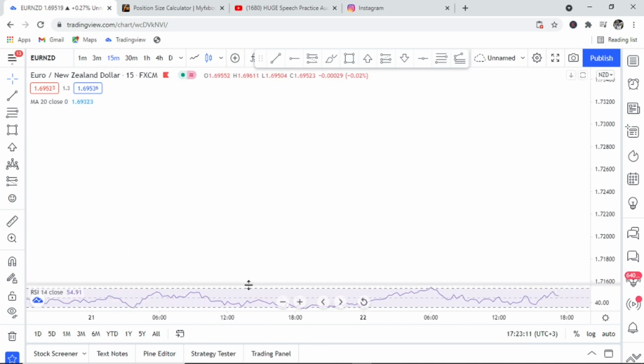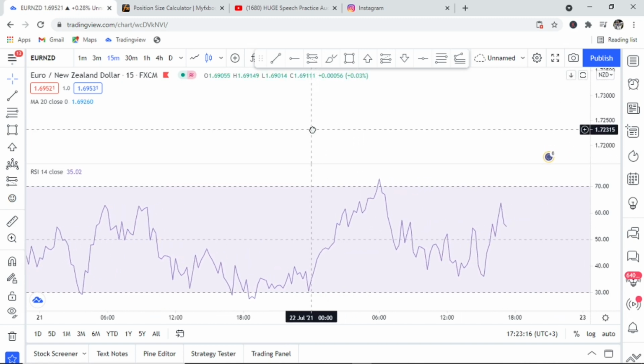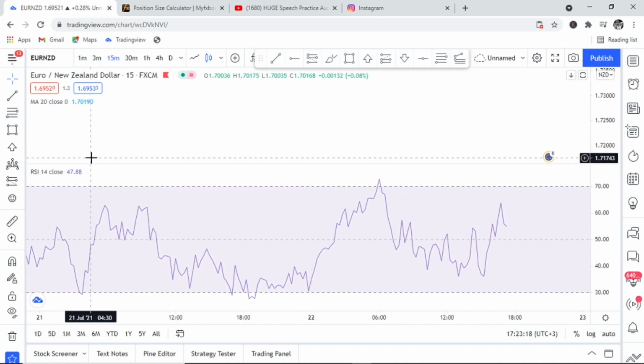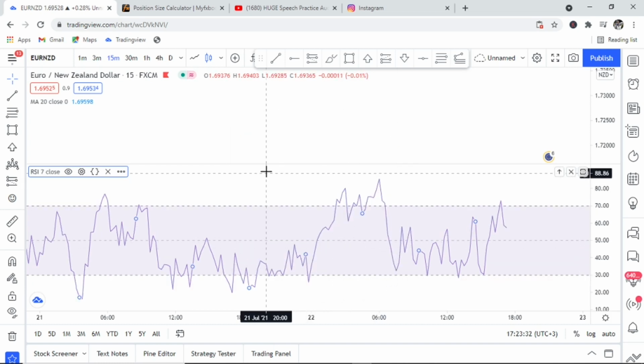Let me just increase its size so that it can be visible for all of you to see. Personally, I like setting the RSI at a length of 7. The default is normally 14, but I like to set it at 7 because when I set it at 7, I tend to find a lot more opportunities. So you can implement that as well.